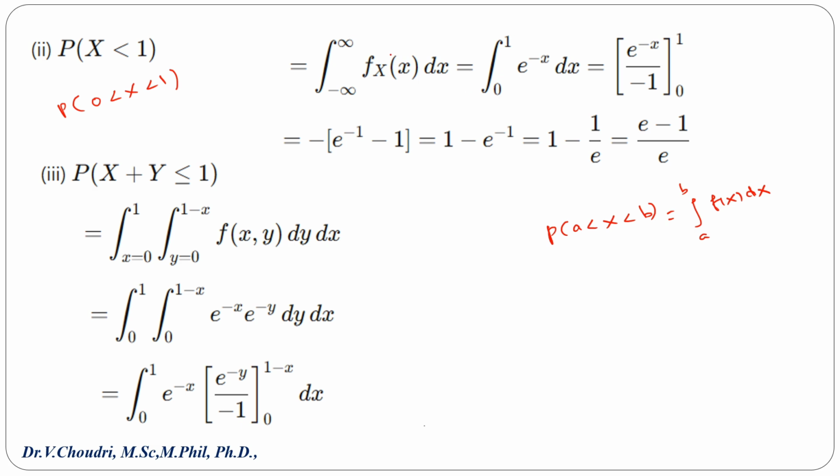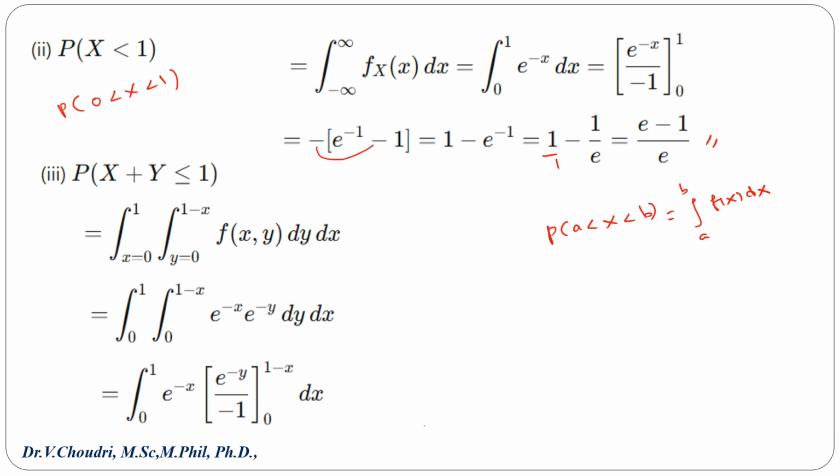The marginal probability density function of x is e power minus x. The integration of e power minus x is e power minus x divided by minus 1, with upper limit 1 and lower limit 0. Taking minus outside, e power minus 1 minus 1. Multiplying minus inside the bracket, 1 minus e power minus 1. We can simplify: 1 minus 1 by e. Taking LCM, e minus 1 divided by e.